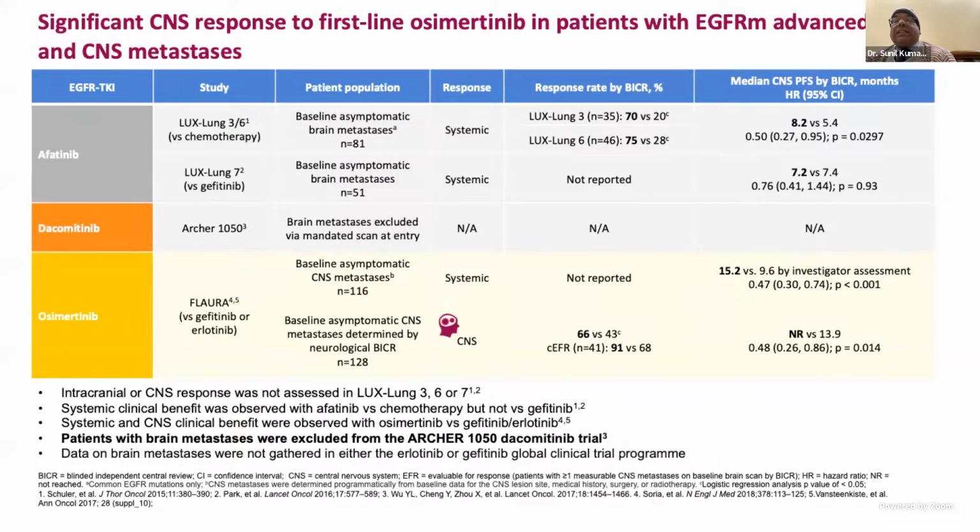Systemic and CNS clinical benefit were observed with osimertinib or gefitinib versus erlotinib. Patients with brain mets were excluded from the ARCHER 1050, which I mentioned previously, but in LUX-Lung 16% and FLAURA trial 19% patients were included for CNS mets. Data on brain metastasis was not gathered in either the erlotinib or the gefitinib global clinical trials program.